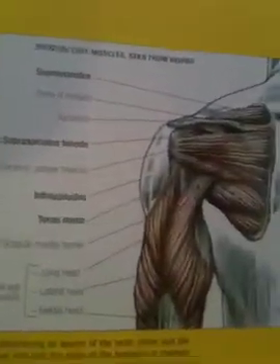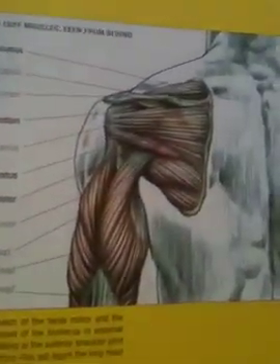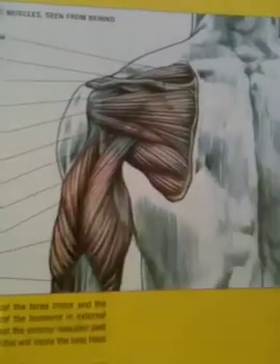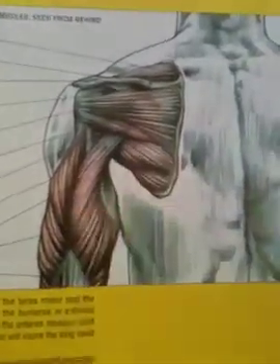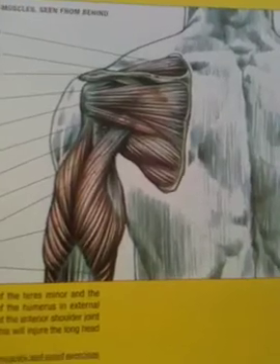Now, the other thing about rotator tears that I find fascinating is that it's 20 different players. It's not just one player. Let's look. You got supraspinatus, infraspinatus, teres major, teres minor, the biceps, the triceps, long head, lateral head, medial head.